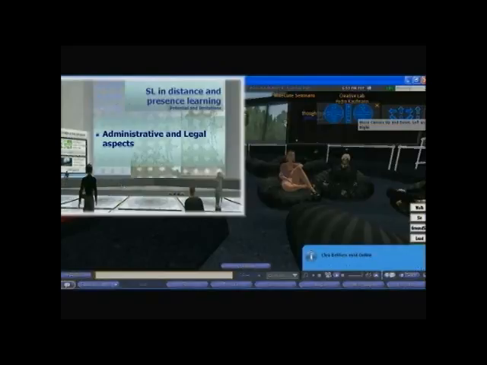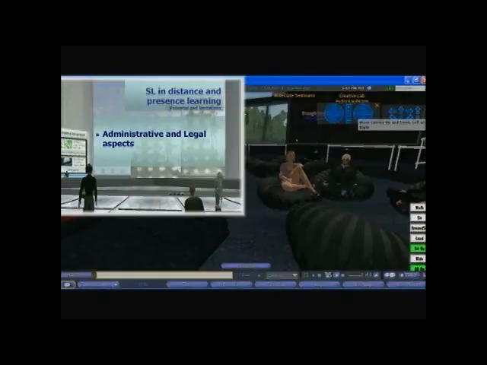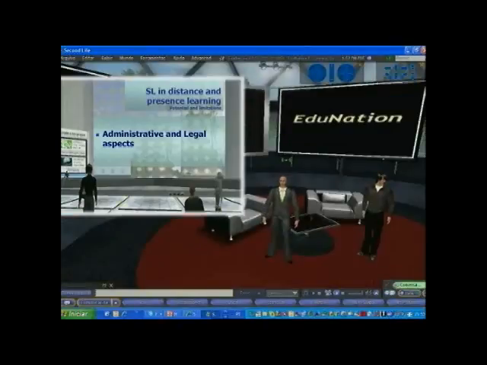There is another important aspect that we should reflect about. It is administrative and legal aspects. In Second Life, we cannot take our students, if they are younger than 60 years old, to our classrooms, because we can be teachers on one side and we have to have students on another side.